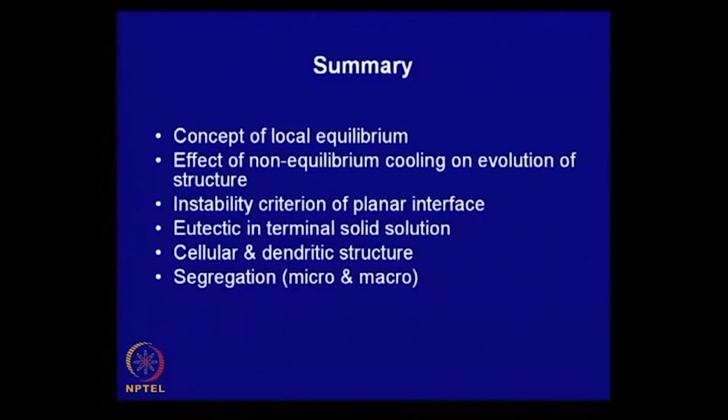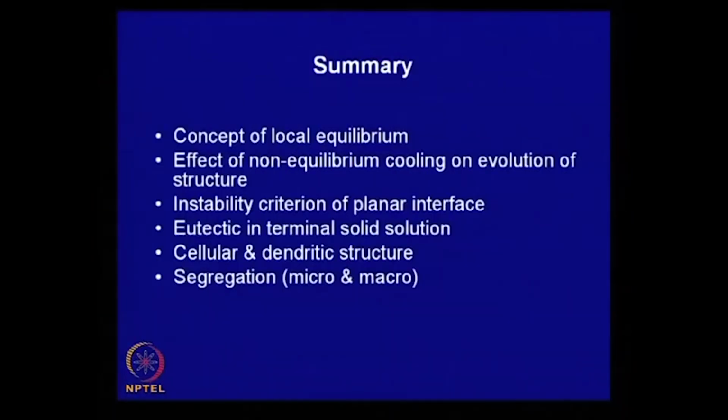So with this we finish our lectures on solidification of binary alloys, and later on we will build upon it and look at more complex systems. What we have looked at today is how we used the concept of local equilibrium to find out the type of structure that develops in alloys during solidification.